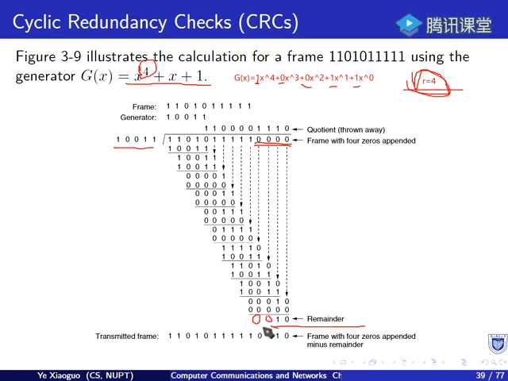So then we add 4 bits at the end of the original frame. So 0 0 1 0 appended here. So the transmitted frame should be this one.